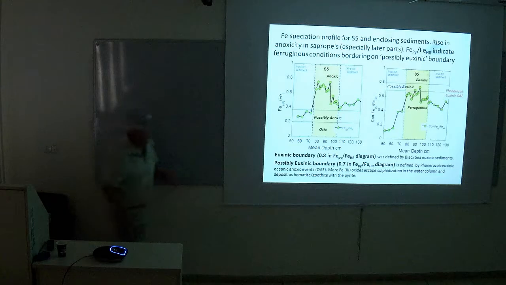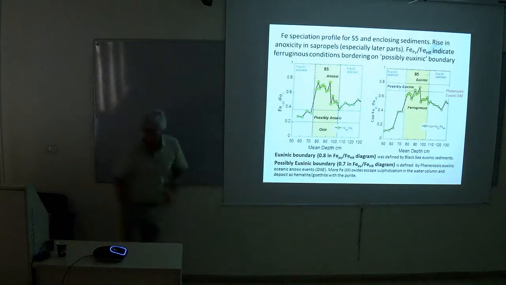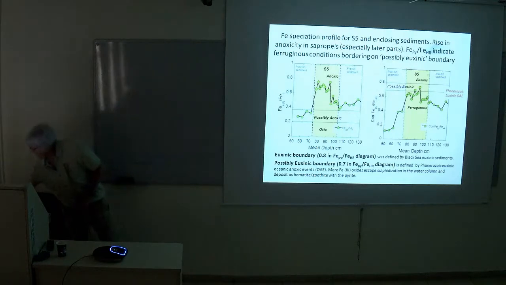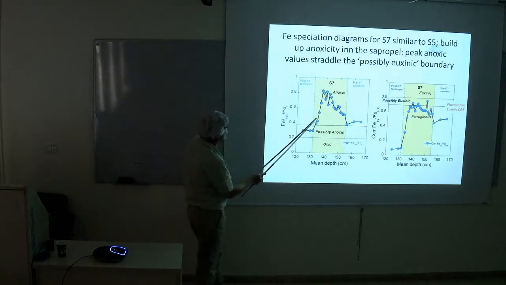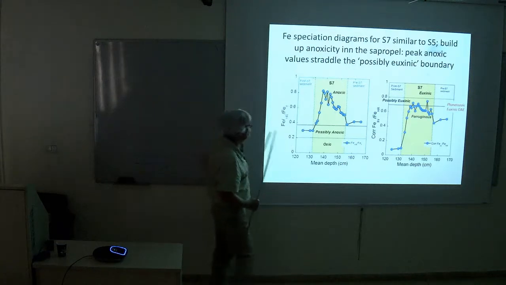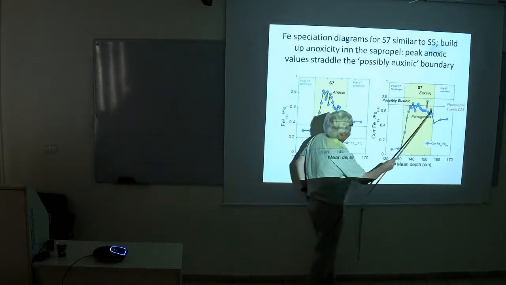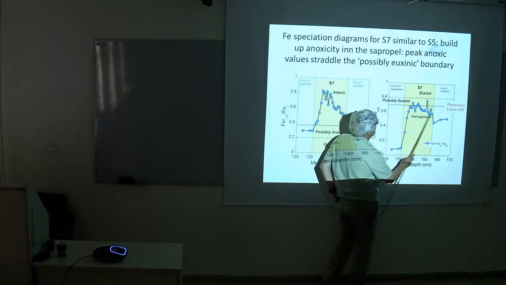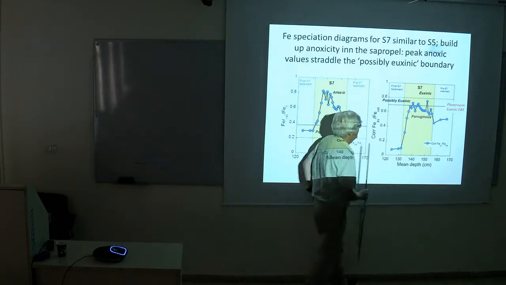But the numbers are consistent with their pattern. And if you look at S7, it's the same story. Again, a rise in euxinicity, a marked rise in the sapropel, and then its collapse. And again, we see that the data for the sapropel are tending to straddle this euxinic-ferruginous boundary.